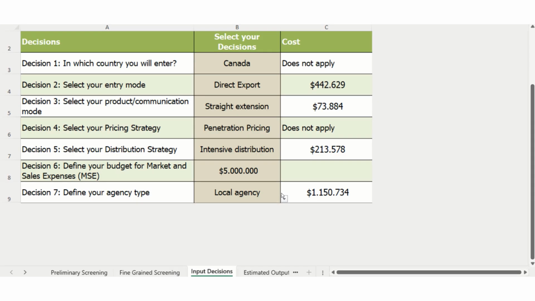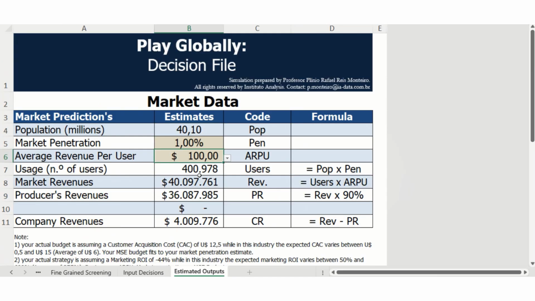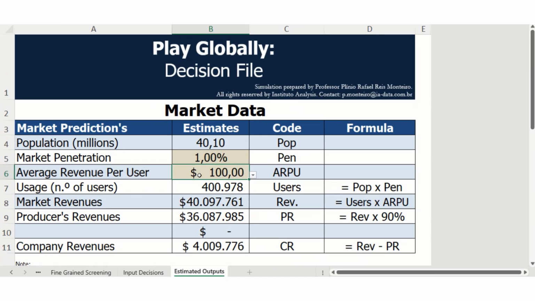Now I can check and test the sensitivity of my analysis in the tab Estimated Outputs. Now I'm assuming that I am in Canada, and let's check here. Let's say what will happen if I have 1% of market penetration in Canada and an average revenue per user of $100.